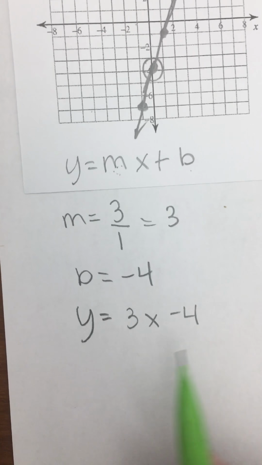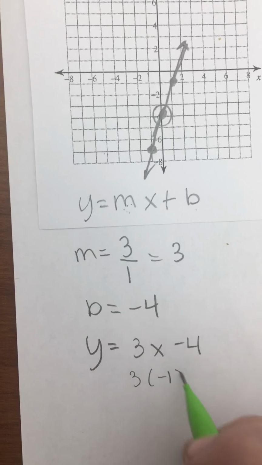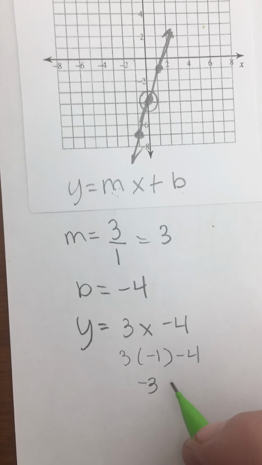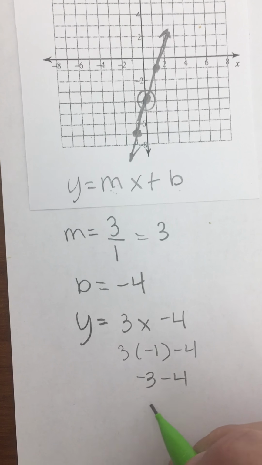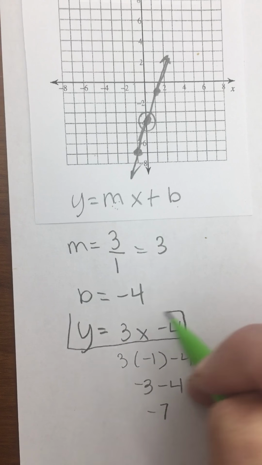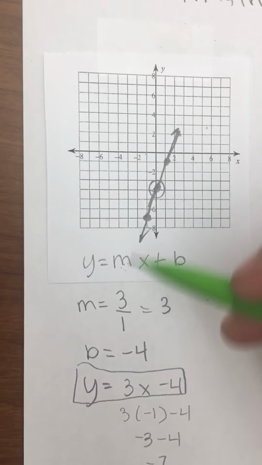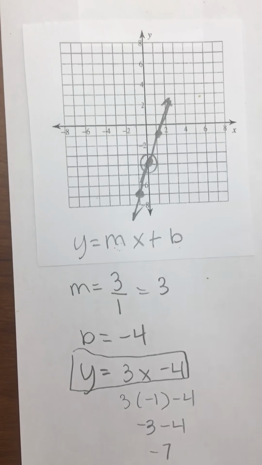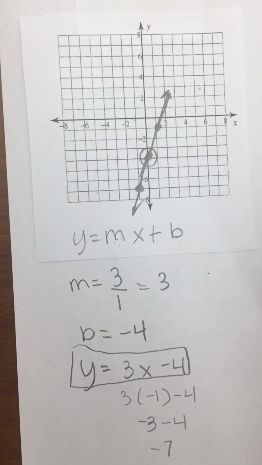All right, let's see. 3 times -1 is -3, and -3 minus 4 is indeed -7. My formula works for every single point that exists in that line. All right, so that is one strategy for writing an equation for a line.